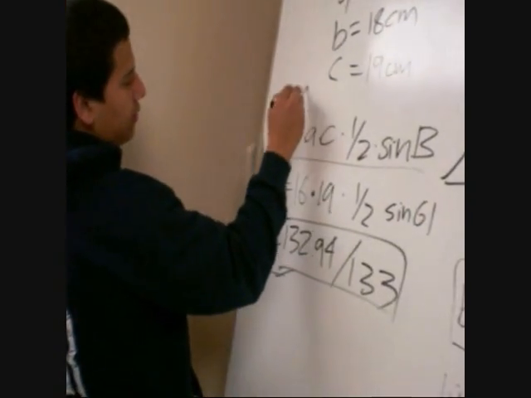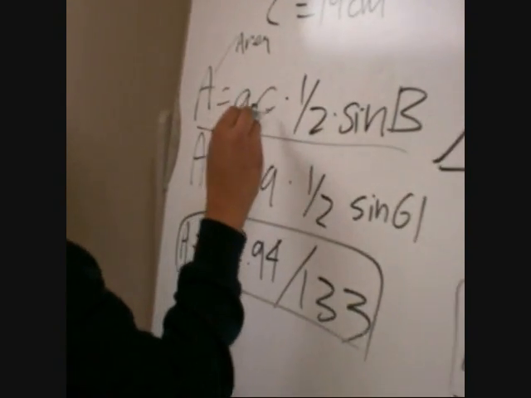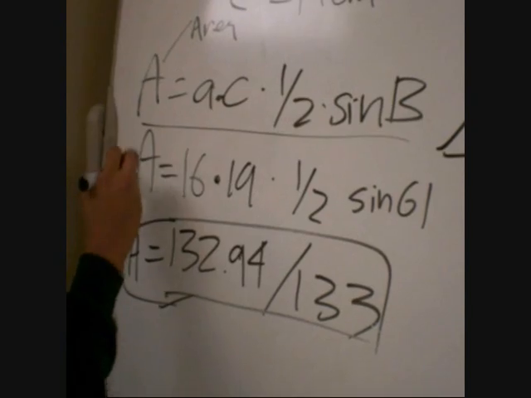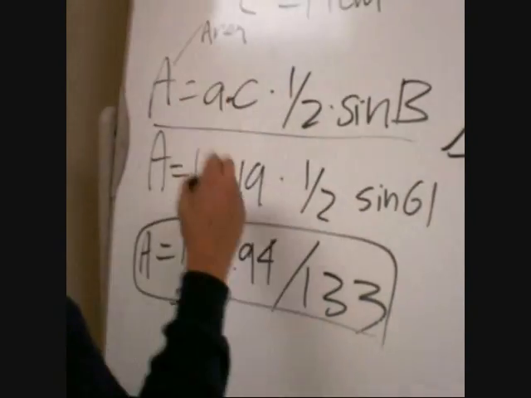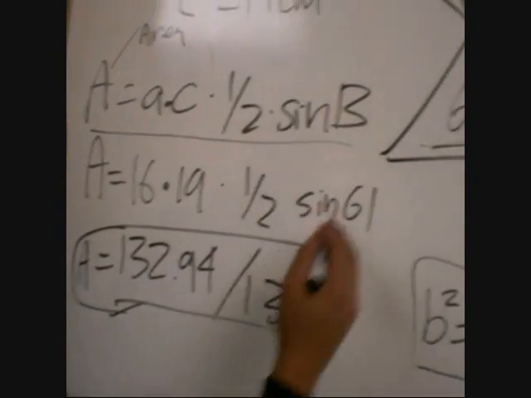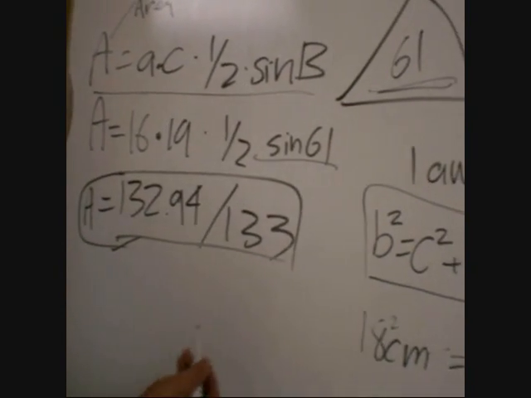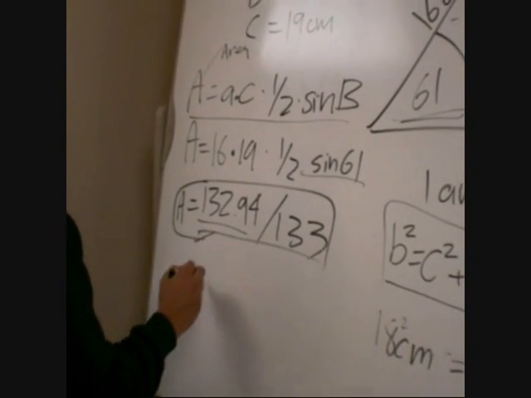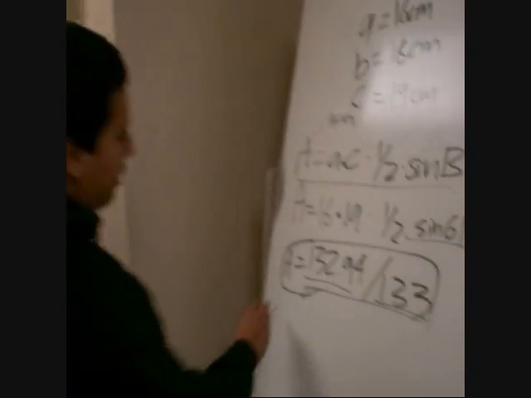It'd be area equals A times C times 1/2 times sine of B. So right here, we have it all plugged in: A equals 16 times 19 times 1/2 times sine 61. We plug it all into the calculator, of course, as we did in the other problem, and we get 132.94. You just round it off to 133, and that's your area for this problem.